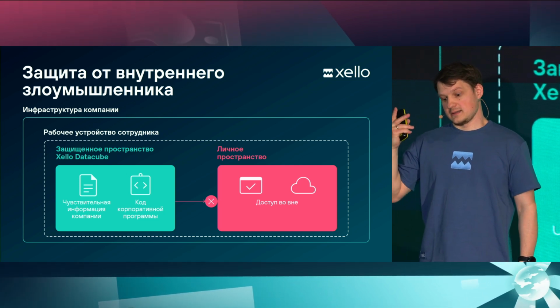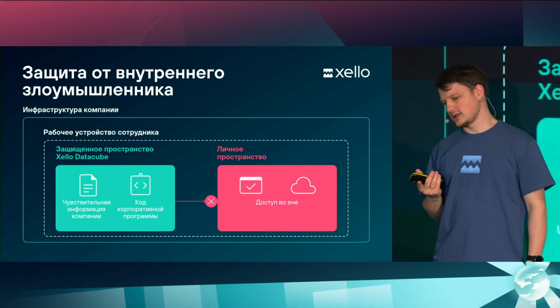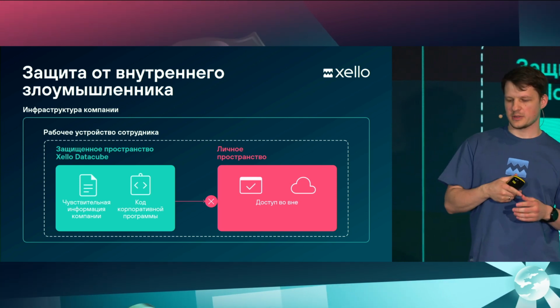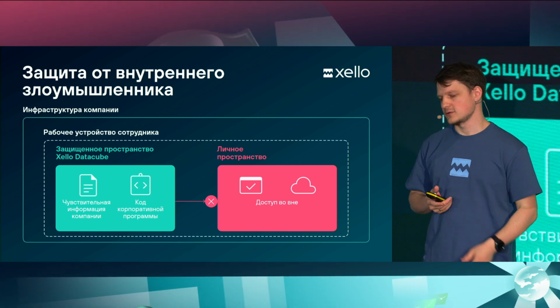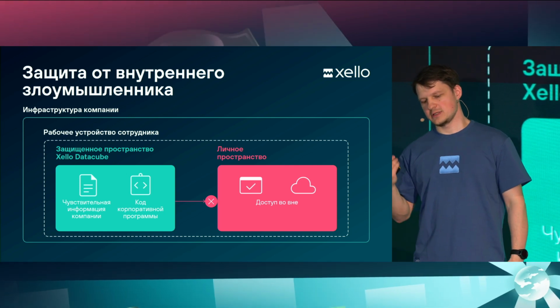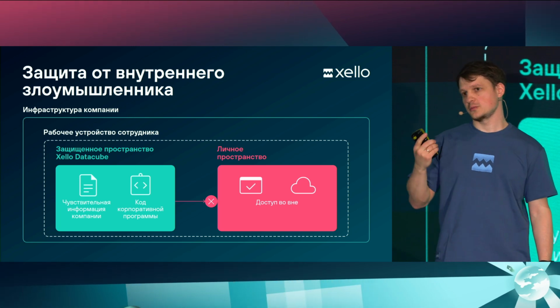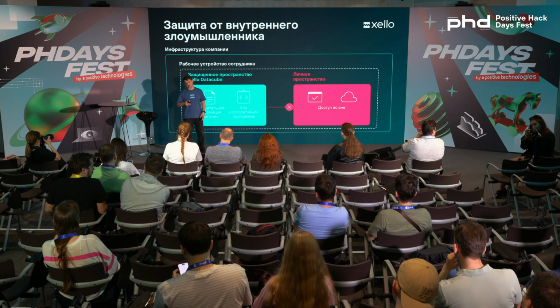So if the intruder somehow gets to the protected area, from this protected area, there is minimum access to company's resources. It's like one server. And secondly, to launch within this space, it's only the applications that are allowed.